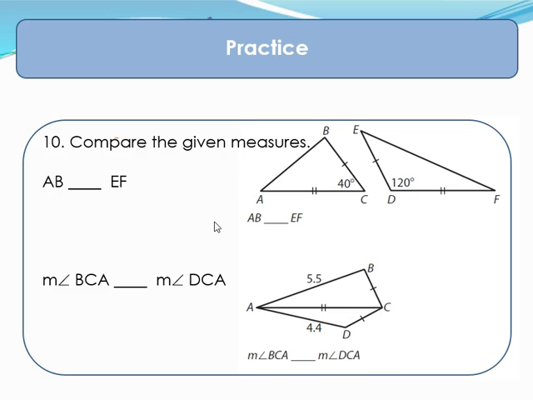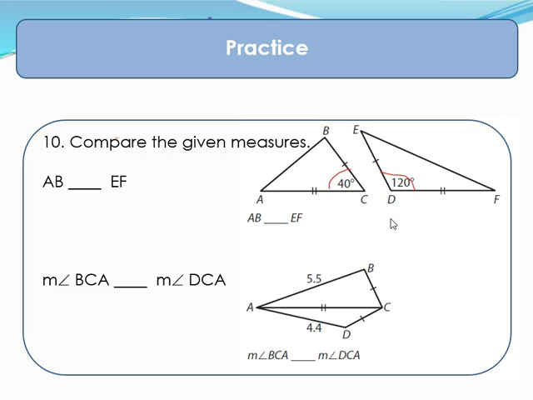Compare the given measures. Let's look at what we have in the drawing. We have angle ACB is 40 degrees, and we have angle EDF. Now, which is the larger angle? Well, EDF is the larger angle. So EF is going to be a larger side than the side opposite in this triangle, which would be AB.